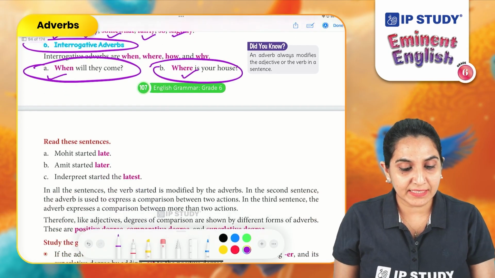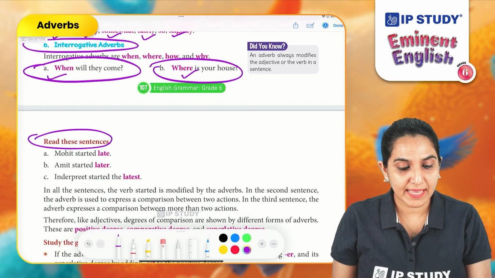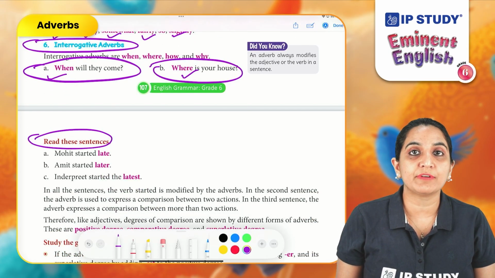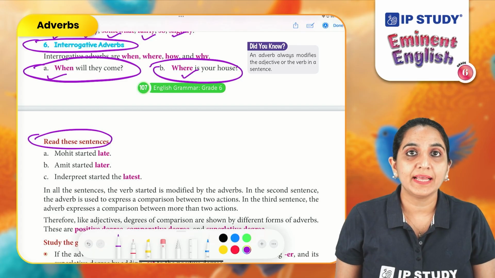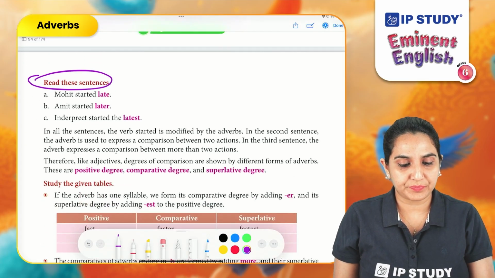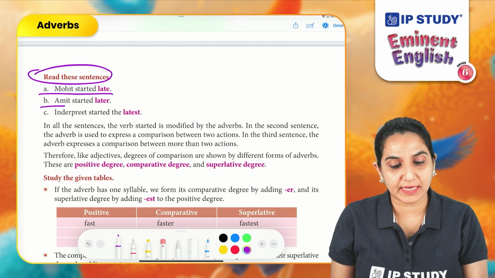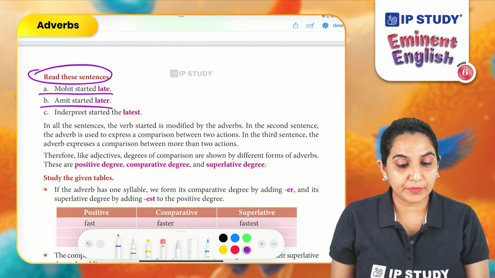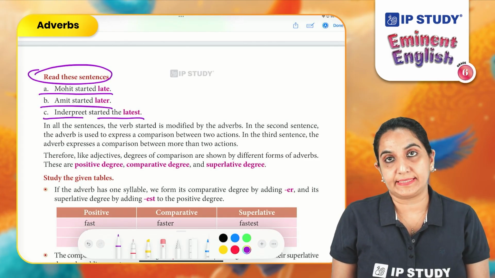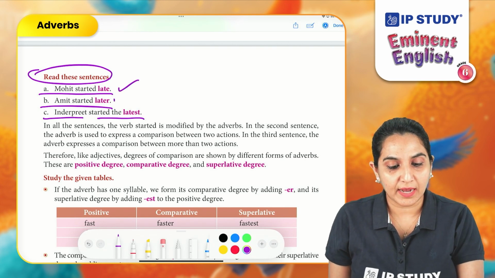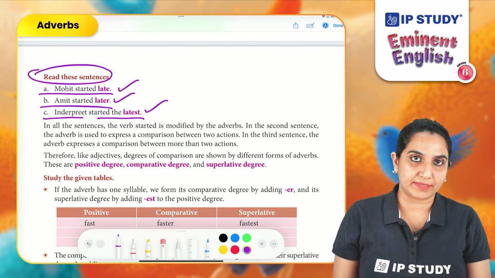Let us read the following sentences and understand degrees of comparison and their role in adverbs. Mohit started late. Amit started later. Inderpreet started the latest. So these three are degrees of comparison.